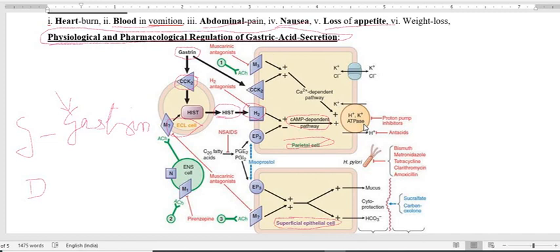The name clearly indicates that because of the activation of this proton pump, it helps to efflux the hydrogen ion into the lumen. When the hydrogen ion is released into the lumen of the stomach, it combines with the chloride that is also released into the lumen, and both combine to form hydrochloric acid. So this is the indirect pathway of gastric acid secretion by the hormone gastrin.